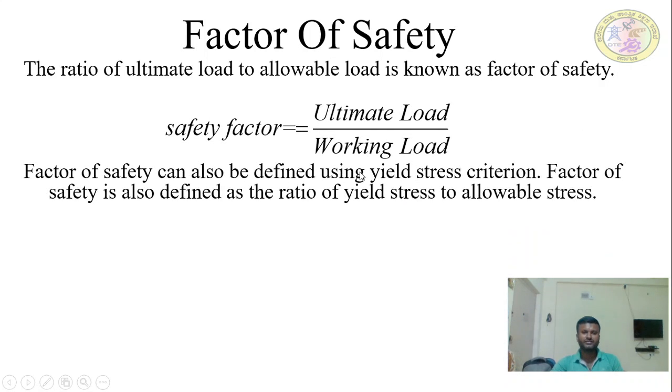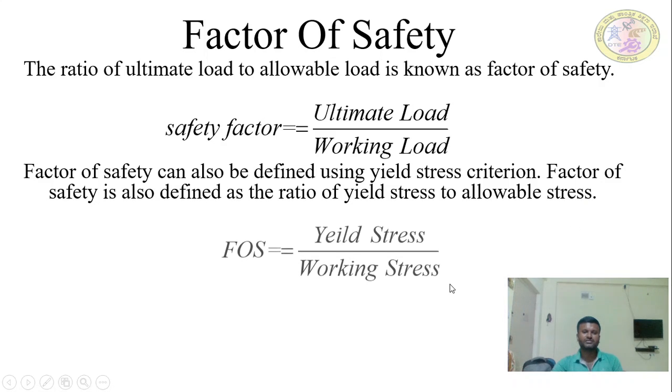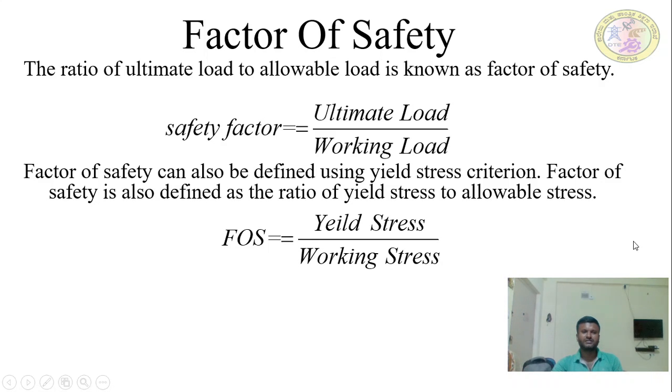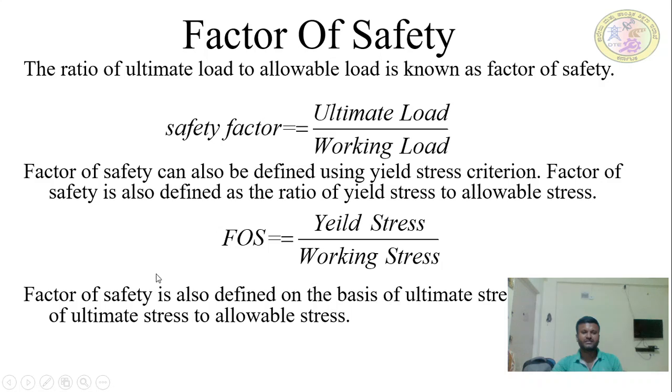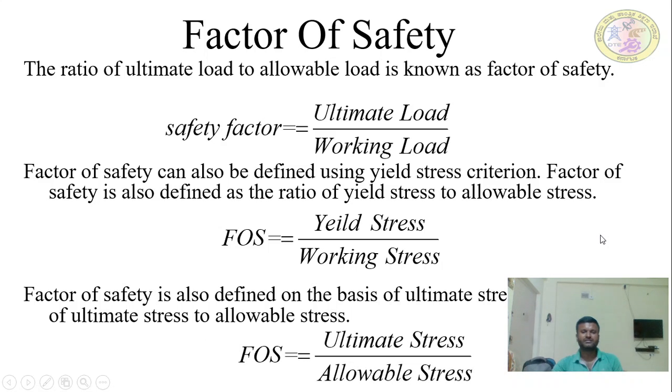It can also be defined using yield stress as the criterion: the ratio of yield stress to allowable stress, or working stress. It is also defined as the ratio of ultimate stress to the allowable stress.